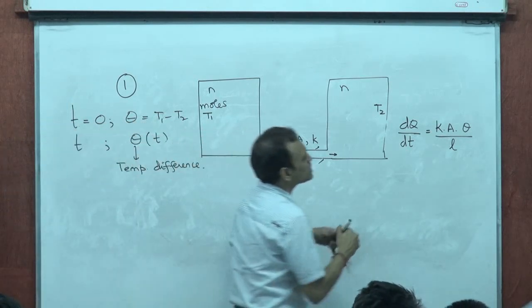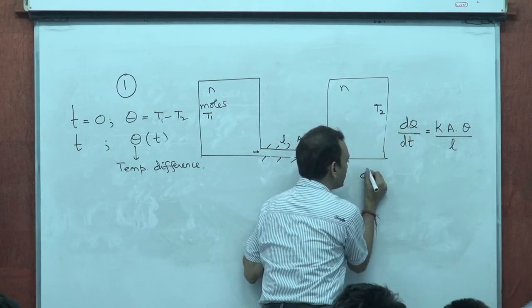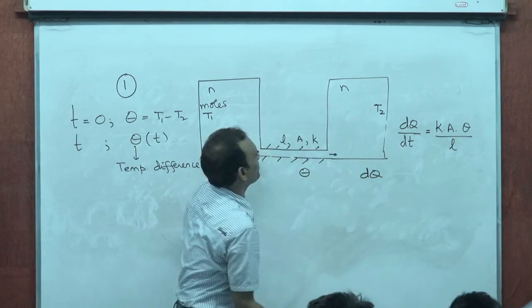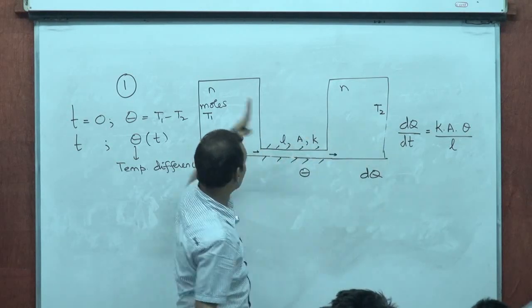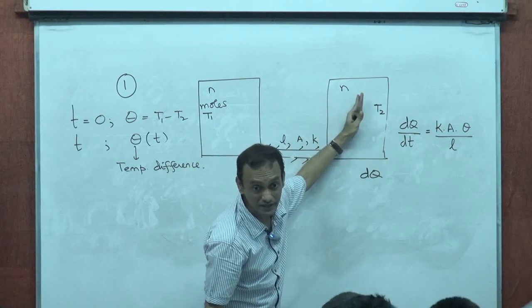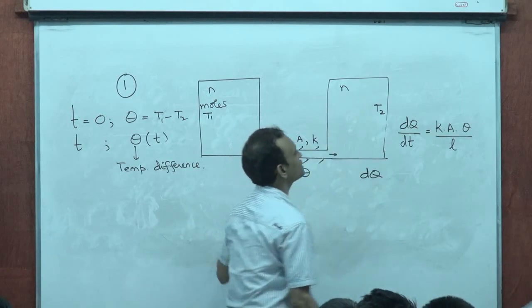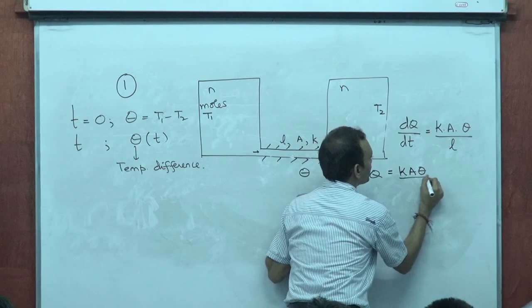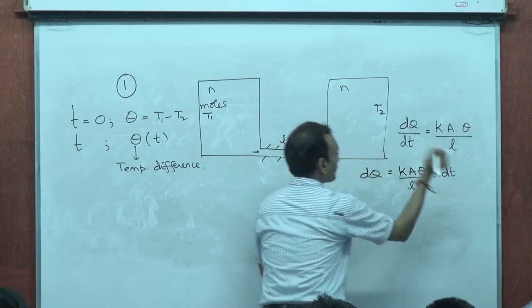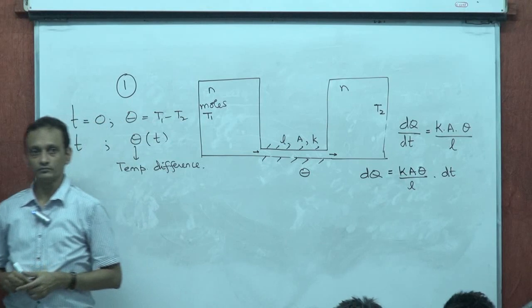Which means in a small time dt, the heat flowing dQ from here to there, that means the heat lost by this dQ must be the heat gained by this dQ. That's equal to KA theta divided by L into dt, right?